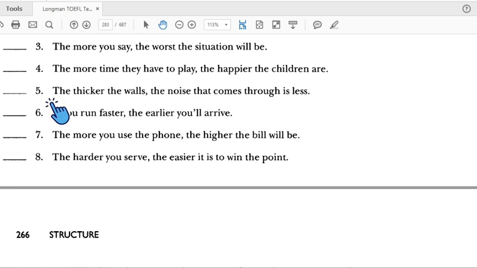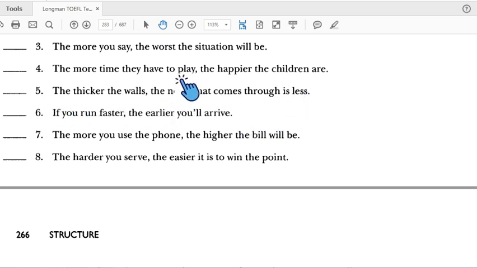Number five: "The thinner the wall, the noise that comes through is less." It's totally wrong. This one is comparative, but this one is not. We should put "the less" here: "the less noise comes through", like that. So the placement is wrong.